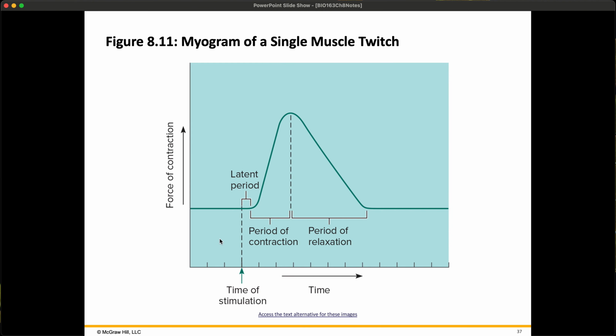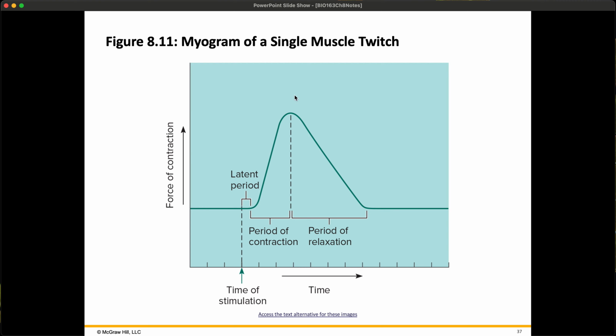Here's a little graph of that. So the force of contraction is on the y-axis, and the time is on the x-axis. So you can see that latent period. There's the stimulus, and then there's this small period where it's traveling along the sarcolemma, down the T-tubules, into the sarcoplasmic reticulum. The calcium is being released. The troponin and tropomyosin are getting out of the way. Oh, now we finally have the myosin heads binding to actin, and we can contract.